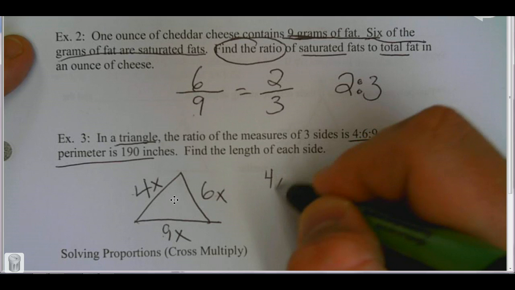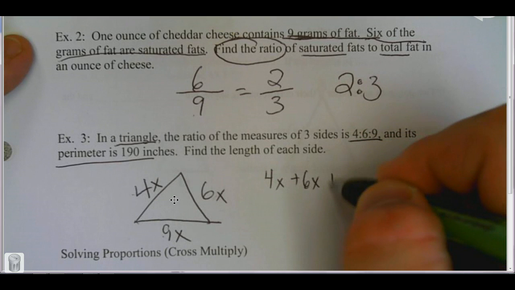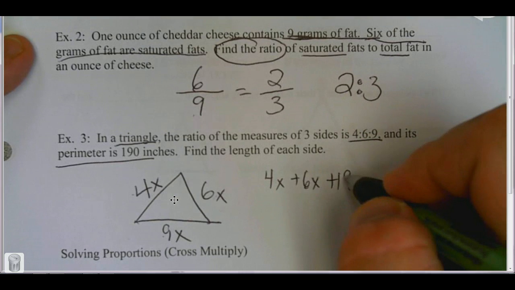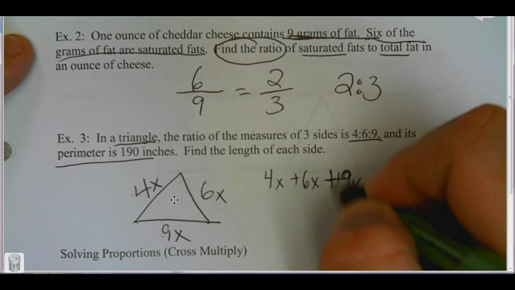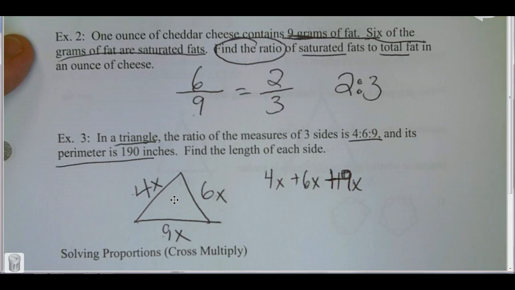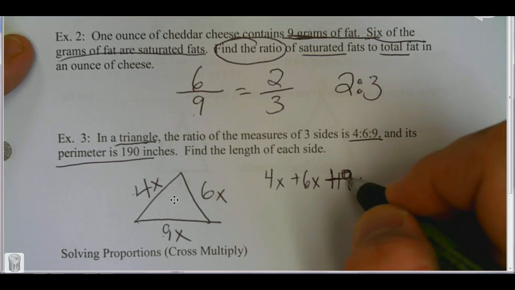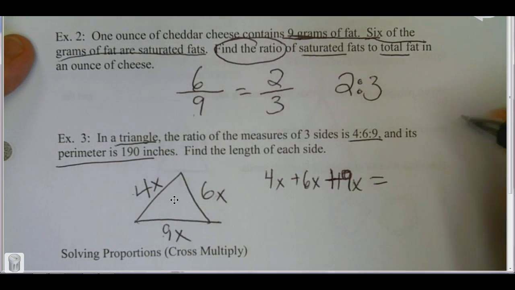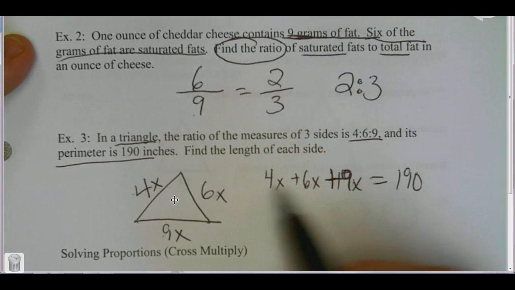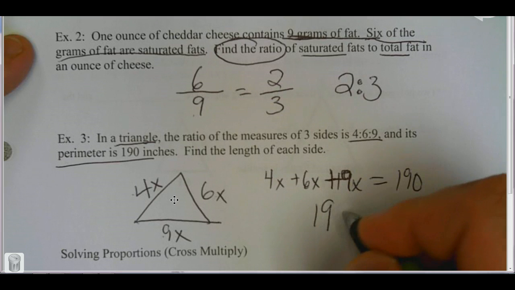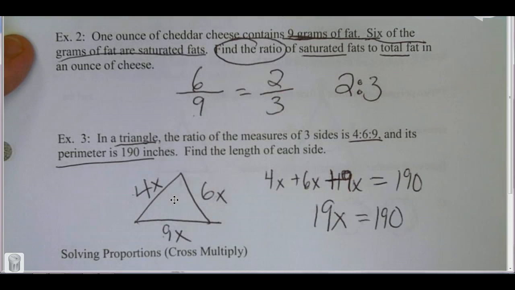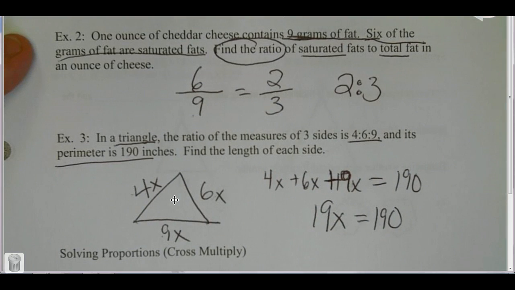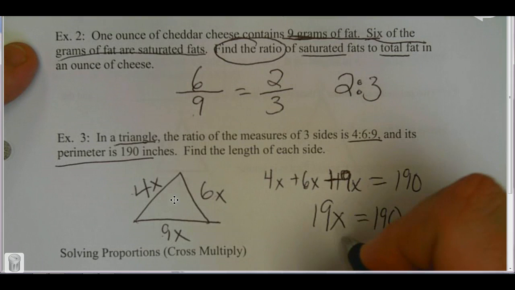So 4x plus 6x plus 9x, and that is going to equal 190. We know when we add these together we get 19. So 19x is equal to 190, and so x is equal to 10.